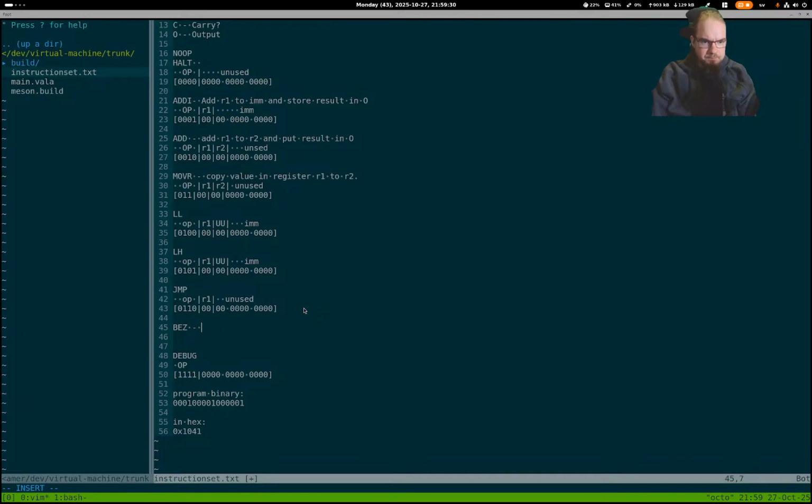Branch if 0. That is basically the easiest way to do anything. It skips the next instruction if R1 is not 0.